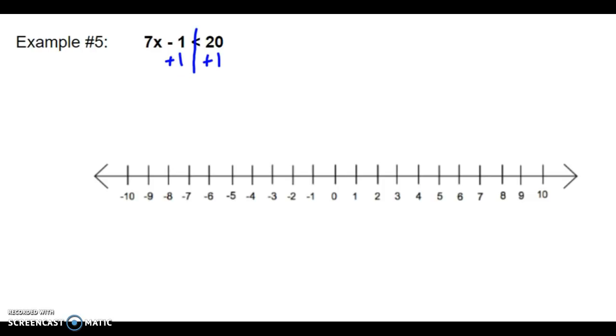And then my final step: 7 times x, so I'm going to divide by 7. So I get x is less than 21 divided by 7, which is 3.